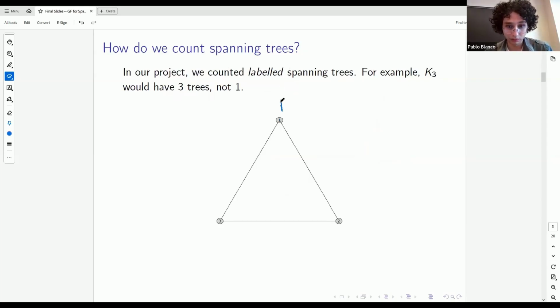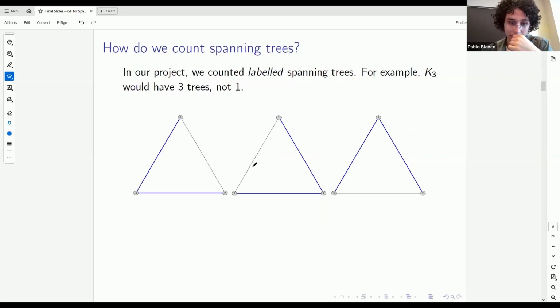Some of the labels in these slides are a little hard to read. I've labeled the vertices 1, 2, and 3, so the labels are going to matter when I'm counting. This graph here is called K3, and it has 3 spanning trees.